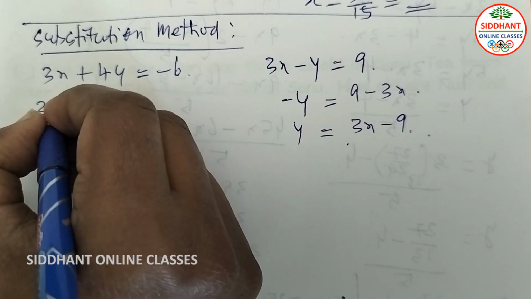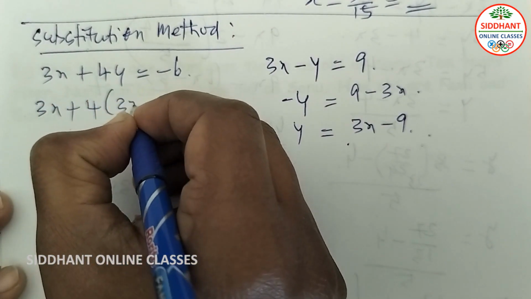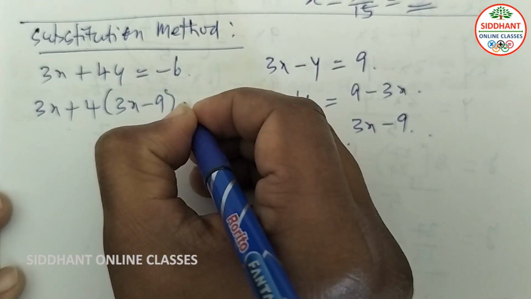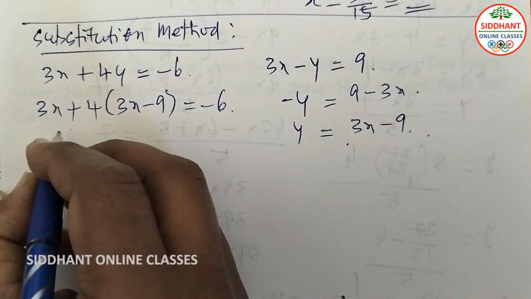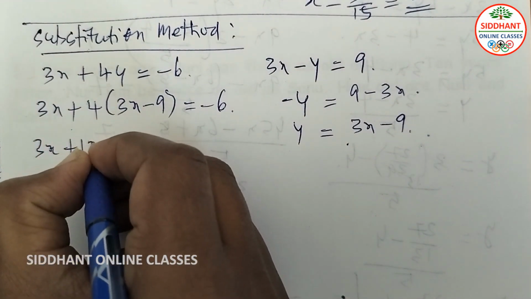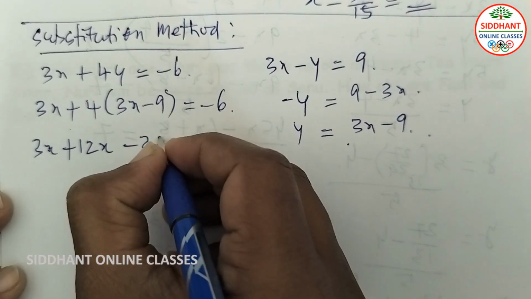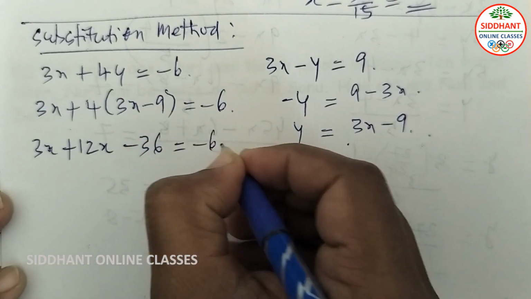That means 3x plus 4 into (3x minus 9) equal to minus 6. That means 3x plus 12x minus 4 into 9, which is 36, equal to minus 6.